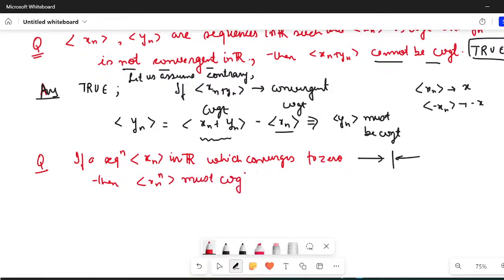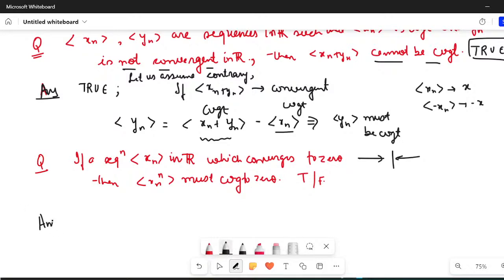True or false? Must converge to 0. What do you think? Whether it is a true statement or a false statement? Just let me know. What do you think about this statement?